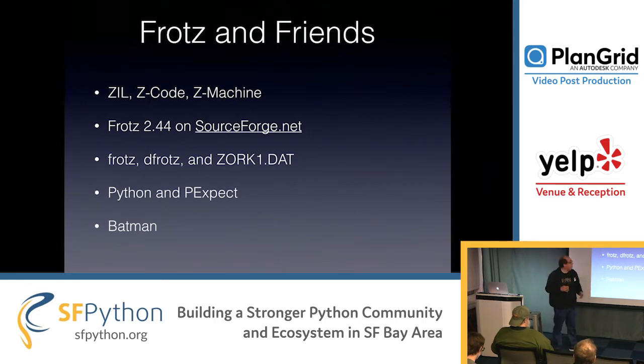That's because there are Z machines available that you can get right now. Frotz is the Z machine that I've used. There's a couple of other ones. People have reverse engineered the ZIL, and you can still get all these things, the Zork data and all of this, on the web. In fact, I have links on the last slide. Frotz builds two targets, Frotz and dfrotz.